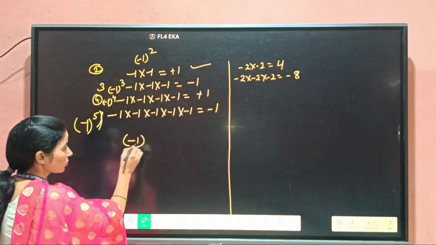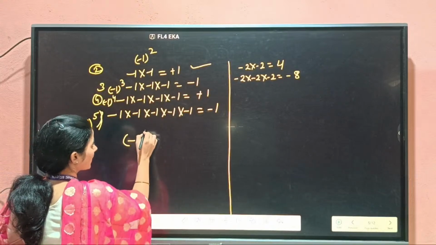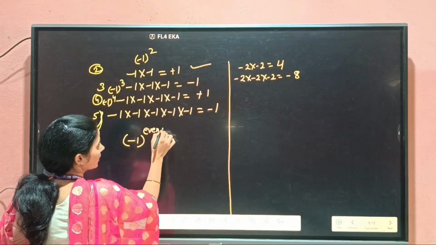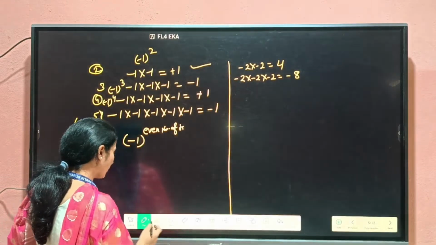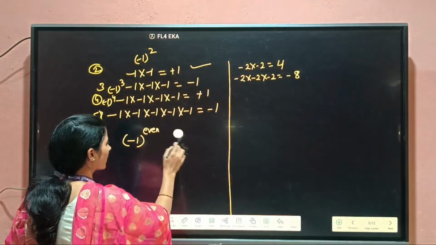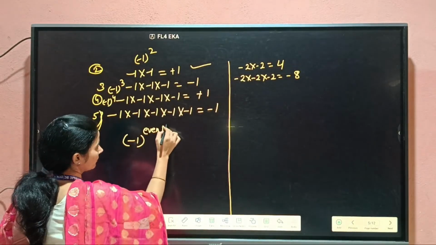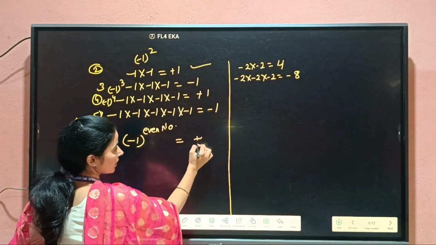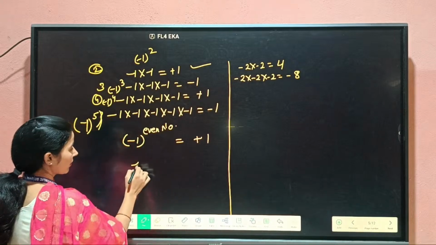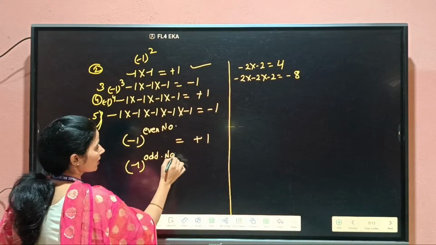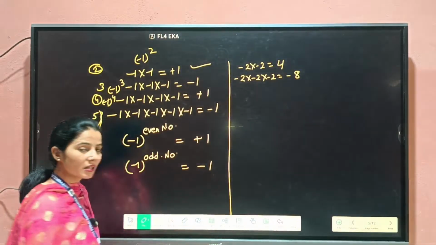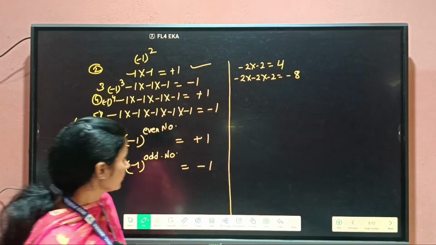Okay, if minus 1's power is an even number, then it will give plus 1 answer, and if minus 1 contains its power as an odd number, then it will give us minus 1 answer.